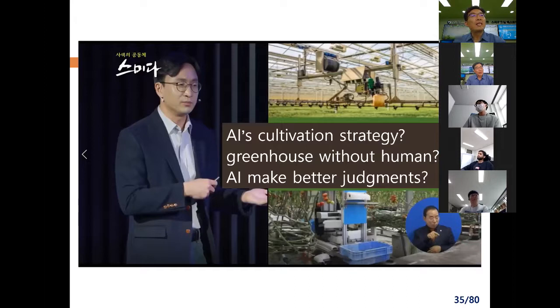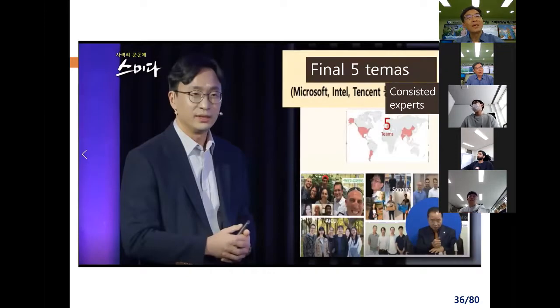How does AI establish a cultivation strategy to grow crops? Can we operate a greenhouse without humans, completely unmanned? Can AI make better judgment than humans? A Netherlands professor created an autonomous greenhouse challenge to find answers to these questions, and 5 teams participated in 2018.